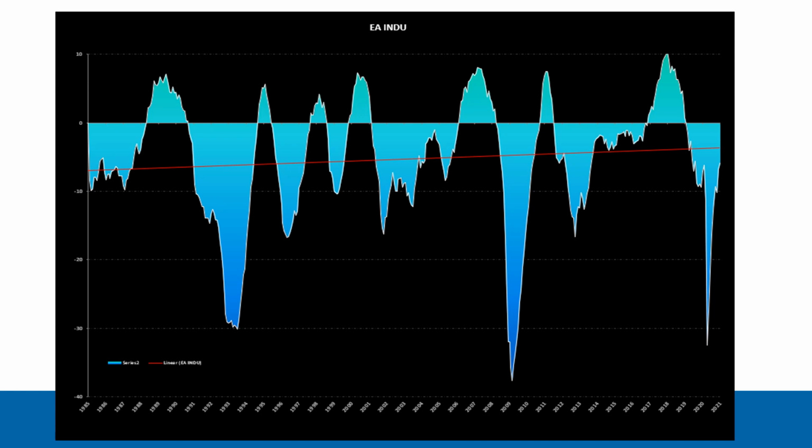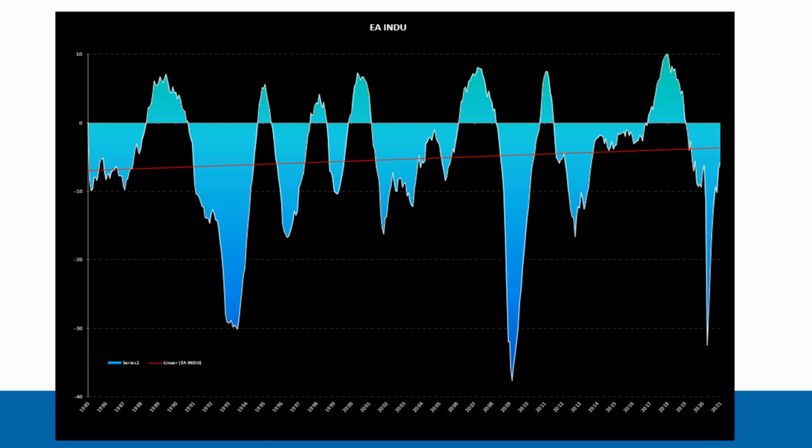So manufacturing companies were actually quite bullish. And in the 2011 to 2015 period, there's a negative sentiment here. And obviously they were contributing to that negative number at the composite level as well.